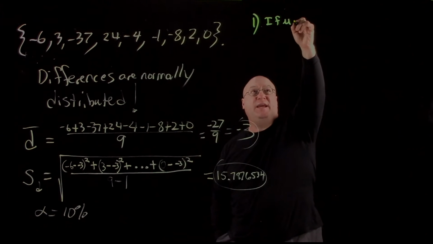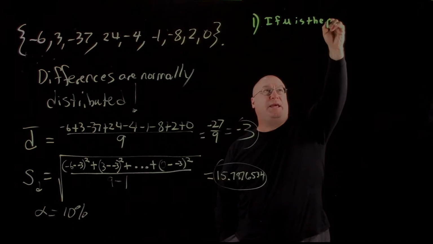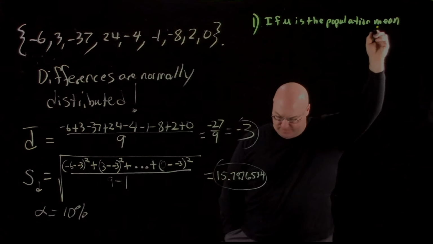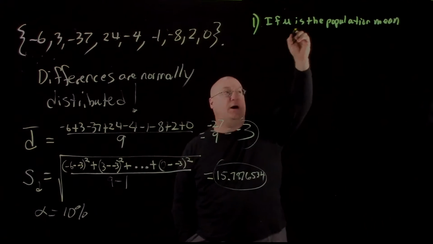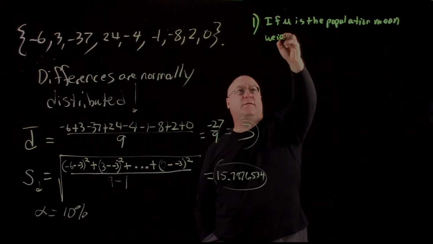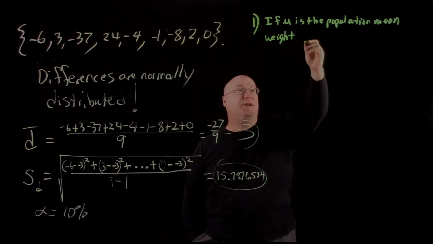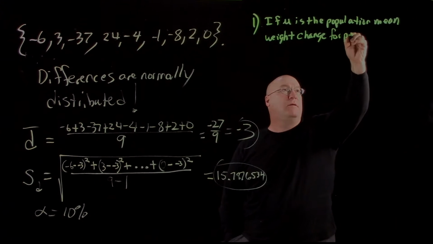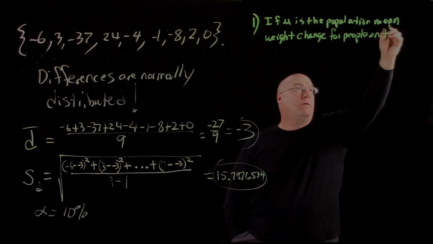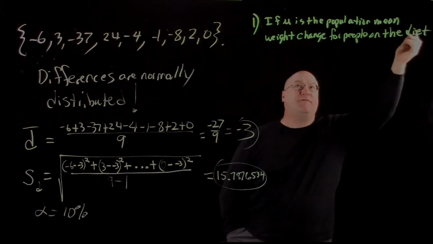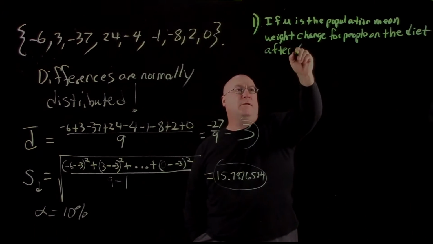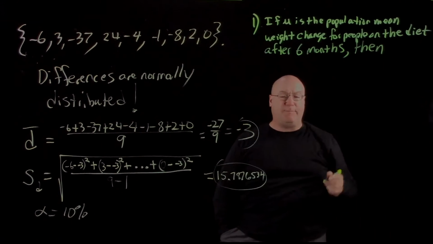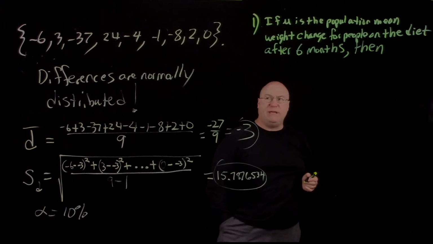If mu is the population mean weight change for people on the diet after 6 months, so I better tell you what my mu means here.